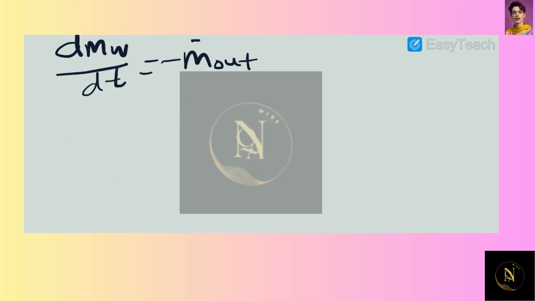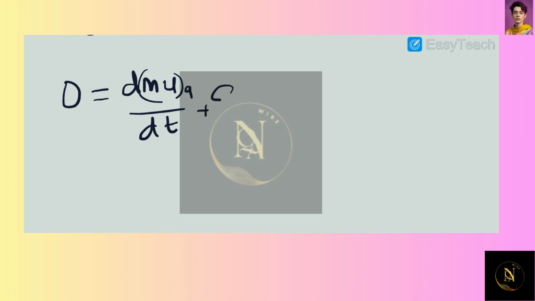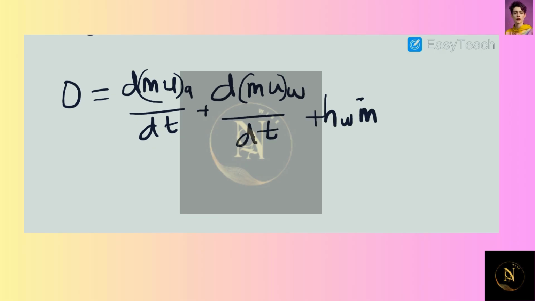Now we can combine this with internal energy and enthalpies to say that 0 is equal to d(mu)_a/dt plus d(mu)_w/dt plus h_w times m_dot, the mass flow rate of water, minus the enthalpy of air times the mass flow rate of air.